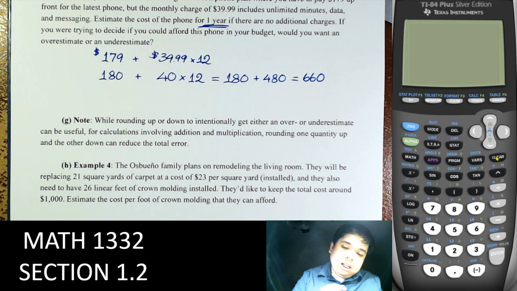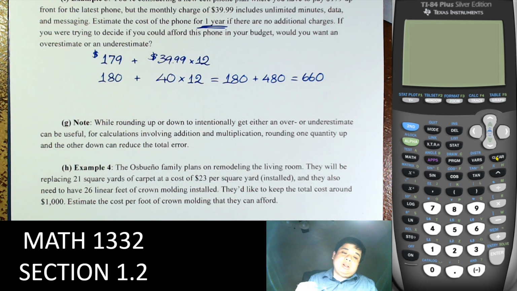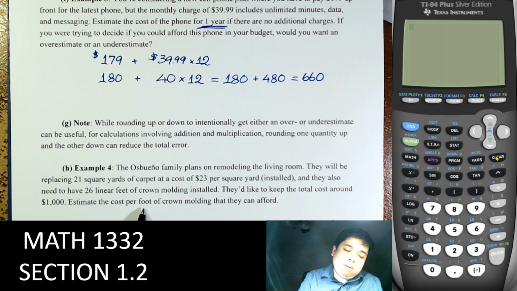So here we say a family plans to remodel the living room. They will need 21 square yards of carpet at that price, and they also need 26 linear feet of ground molding installed. They want to spend an estimated $1,000. So estimate the cost per foot of ground molding that they can afford.